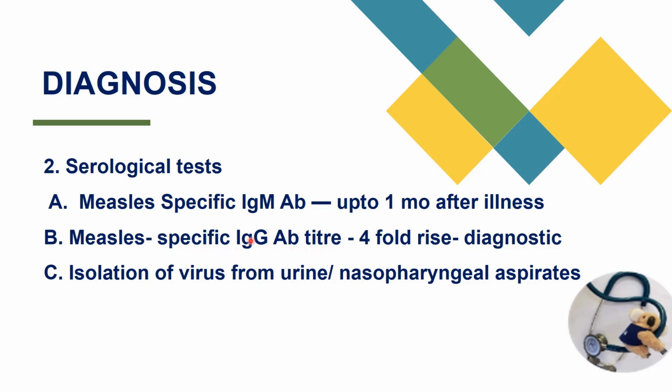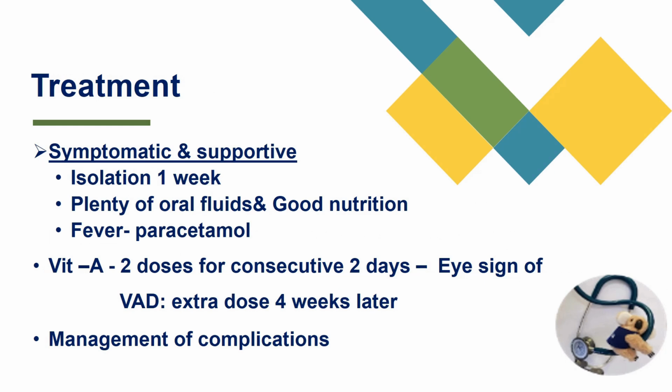If it is 4-fold rising, then only it is diagnostic. Otherwise many times it reflects the maternal antibody. And isolation of the virus from urine or nasopharyngeal aspirates is the gold standard, but this facility is not available everywhere.